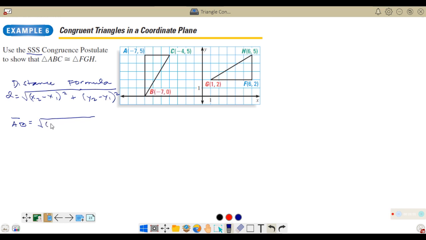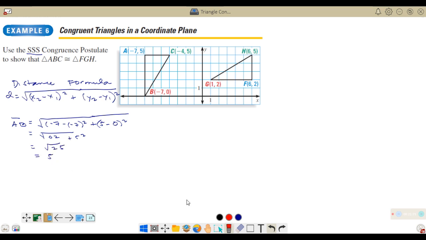So, we have negative 7 minus negative 7 squared plus 5 minus 0 squared. We have here 0 squared plus 5 squared. We have square root of 25.